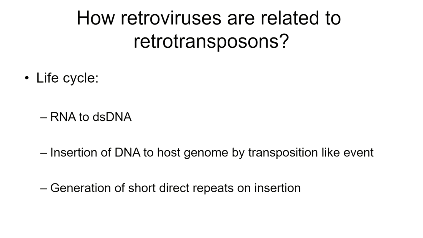Now, the life cycle of these viruses involves an obligatory stage in which the double-stranded DNA is inserted into the host genome. And this insertion occurs by a transposition-like event that generates short direct repeats of target DNA. Now, if you have seen the last video, you must have an idea of what short direct repeats are and how they are generated during transposition.